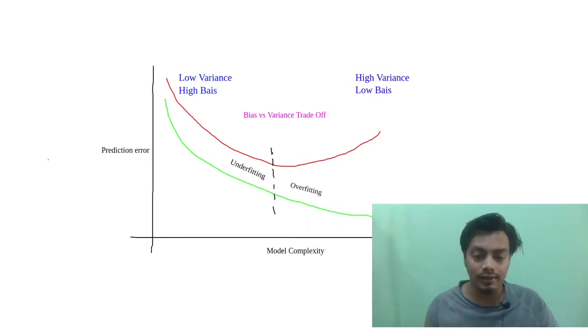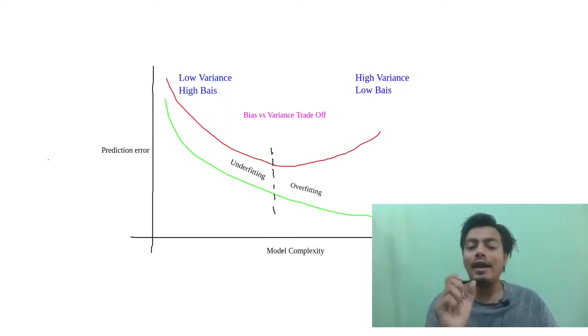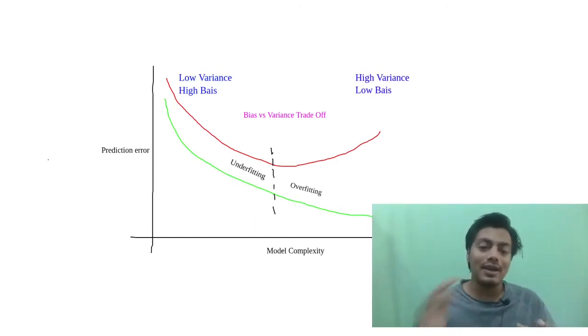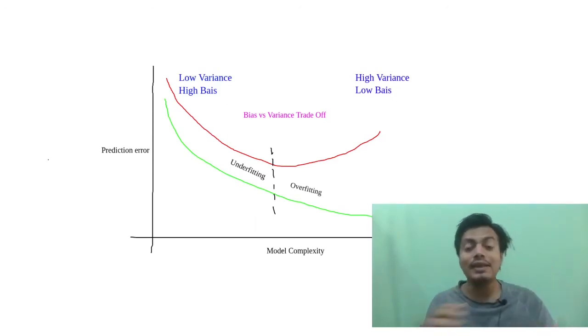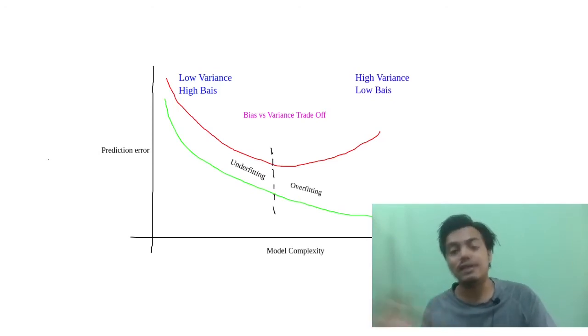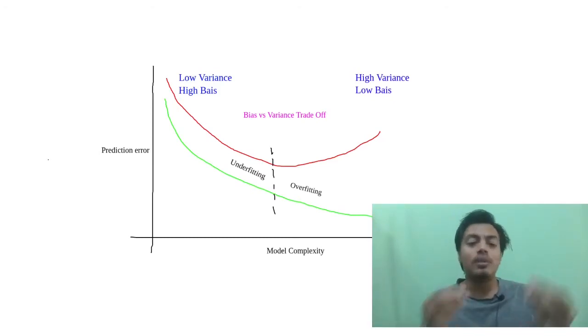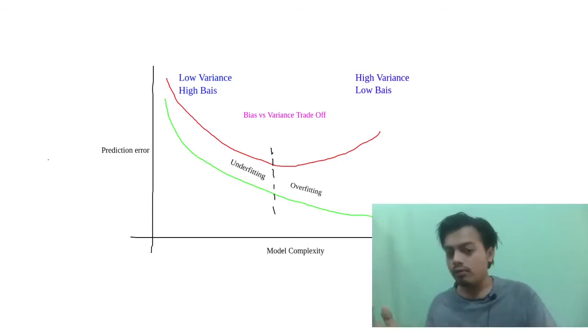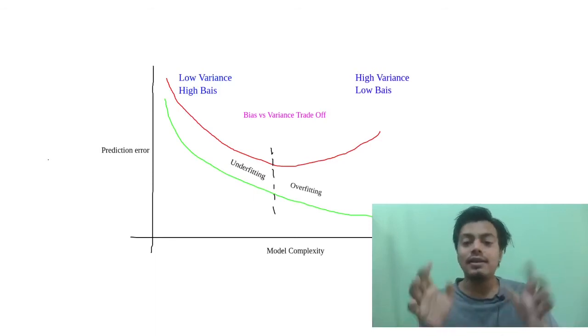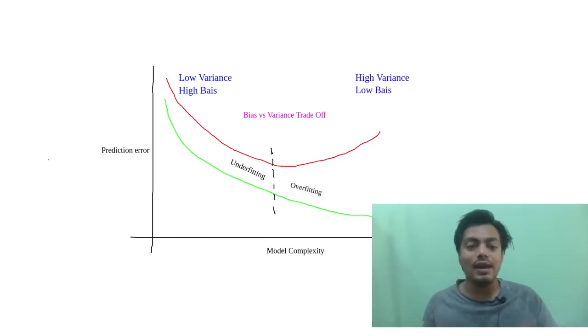At a certain point, the prediction error on the test data starts increasing. On the test data the prediction error was also going down at first. The test data is the red line and the training data is the green line.